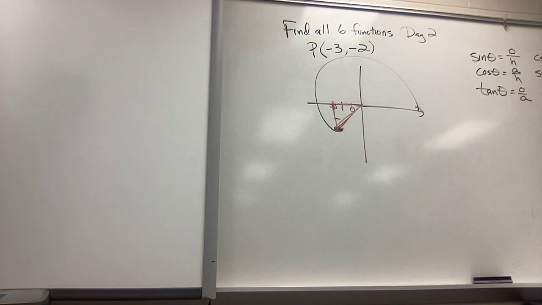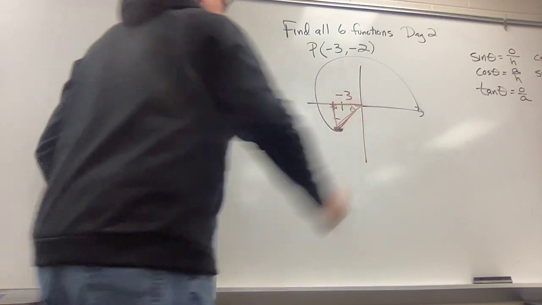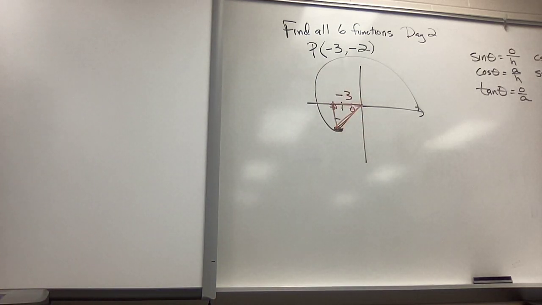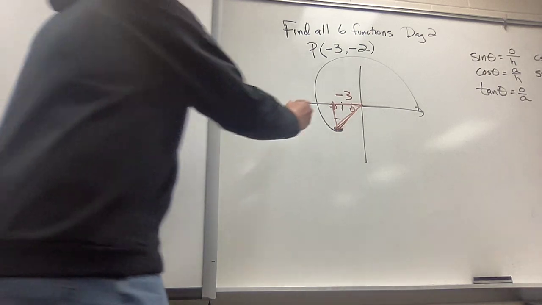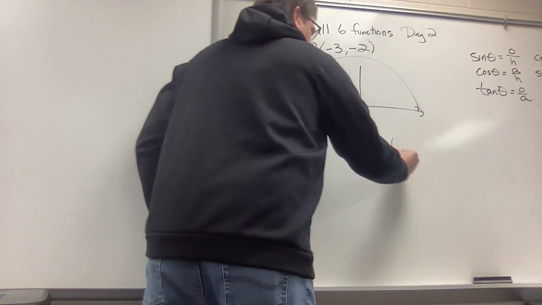All right, this graph goes back 3, so this is -3. Again, just like yesterday, I'm not saying it's a negative length of 3. That 3 is reminding me I'm going backwards 3. -2. And now my Pythagorean theorem.